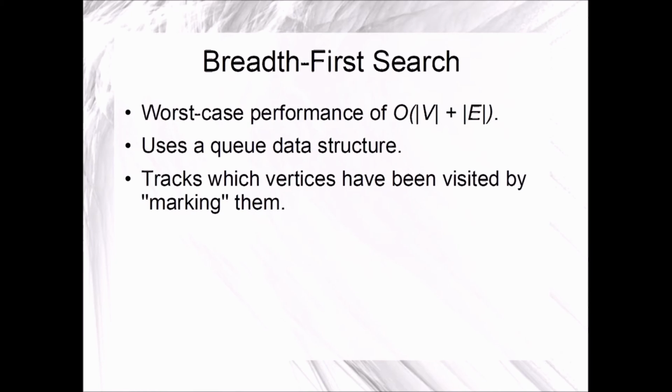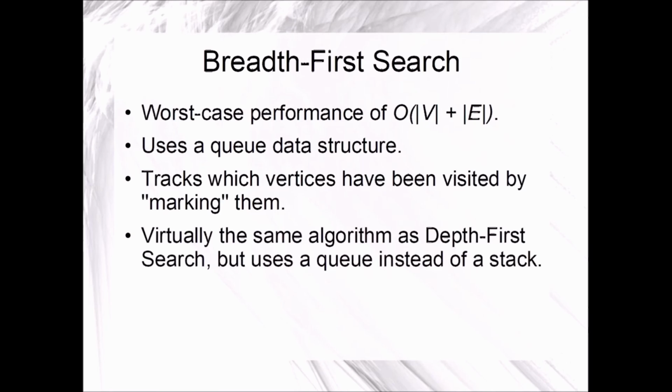This marking action is what avoids the algorithm going into infinite loops. This algorithm is virtually the same as the depth first search, but substitutes a queue, first in, first out data structure, for the last in, first out stack data structure used by the depth first search.